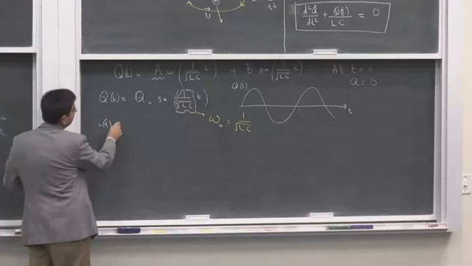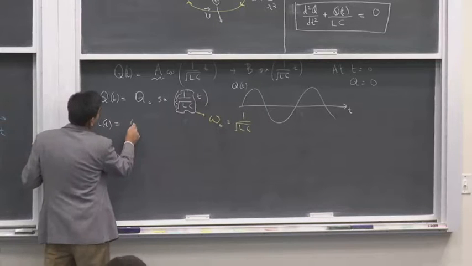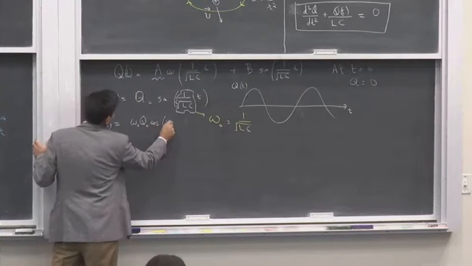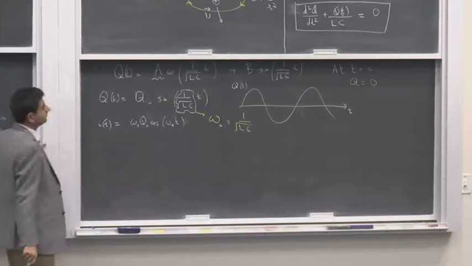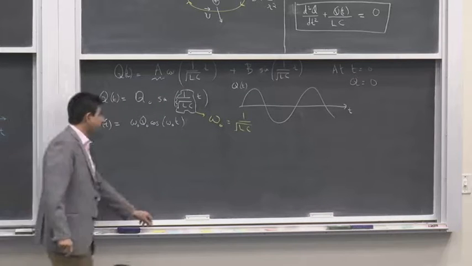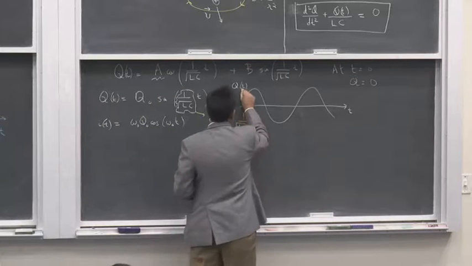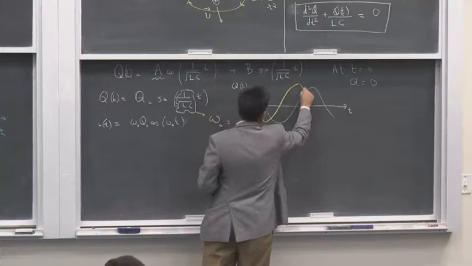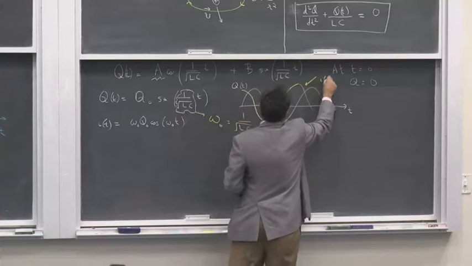That current is given by omega naught Q naught cosine omega naught t. So if this is a sine function, this is going to be a cosine function. This is the current as a function of time.